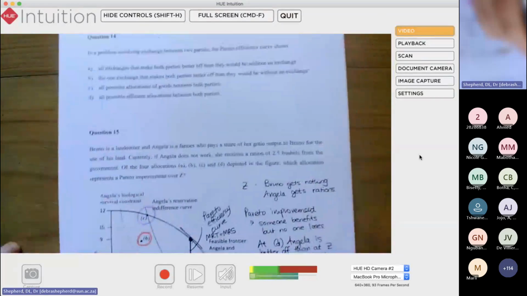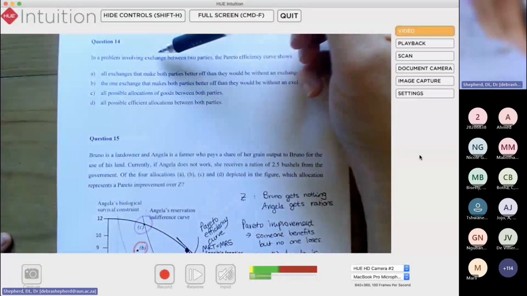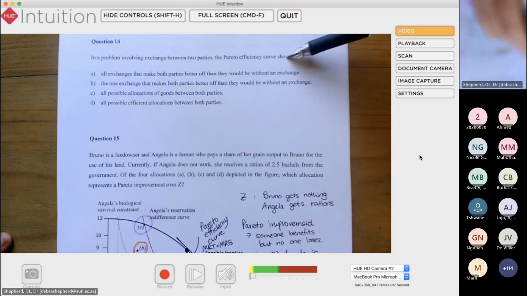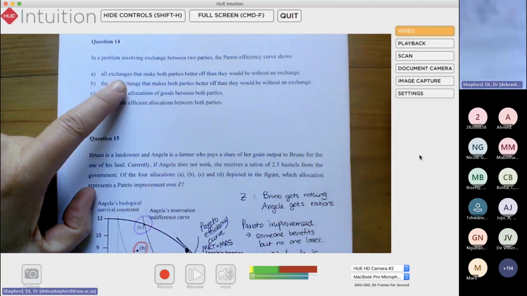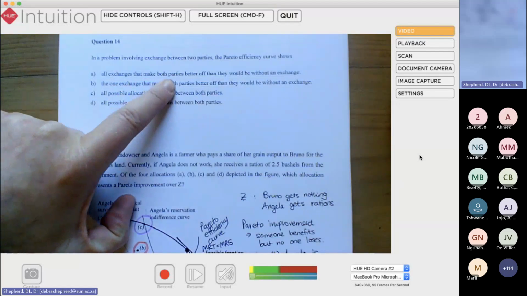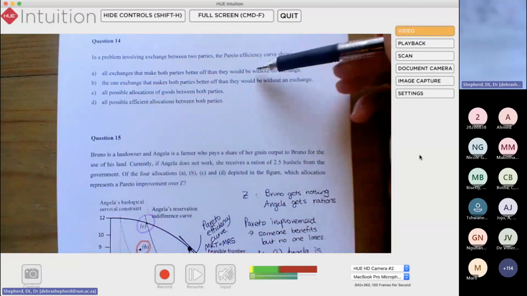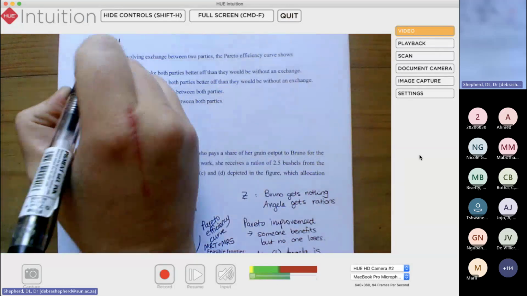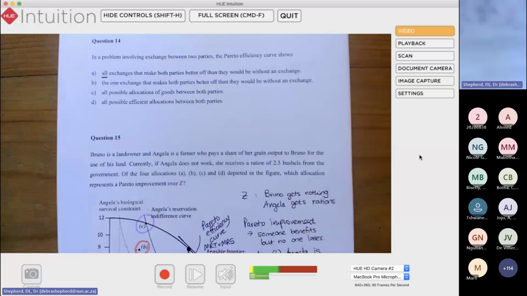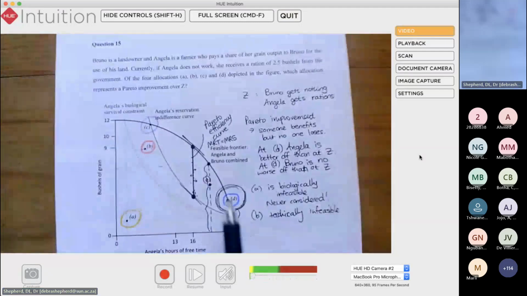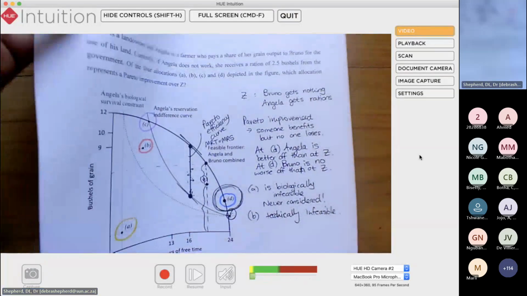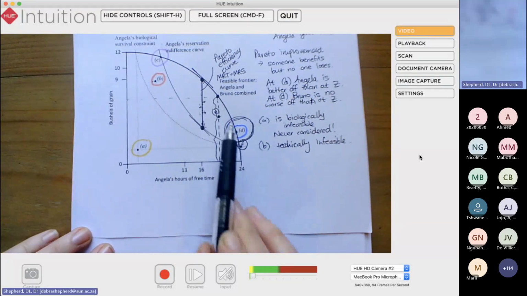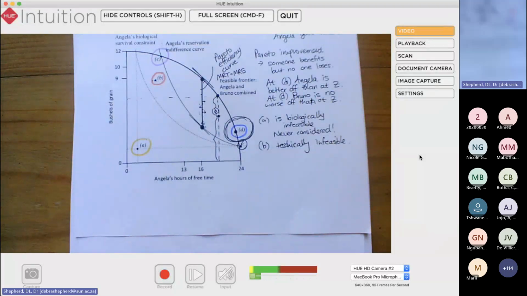For 14, the question says, in a problem involving exchange between two parties, the Pareto efficiency curve shows. So A says, all exchanges that make both parties better off than they would be without an exchange. Now, the key word in this statement is all. And the reason why I say that is because think about point E again. Point E makes both of them better off than at Z. But is point E on the Pareto efficiency curve?